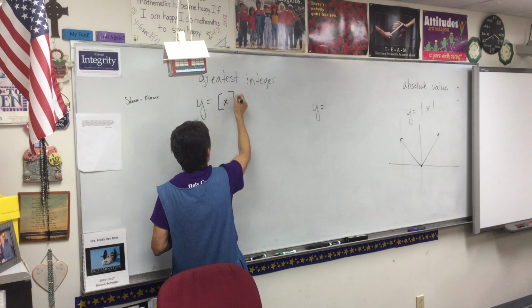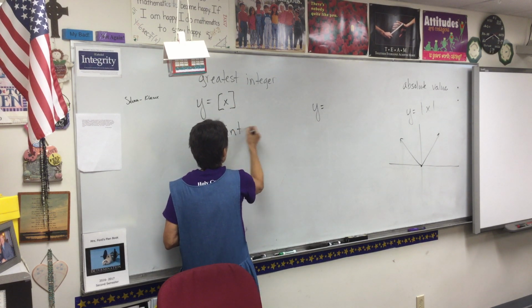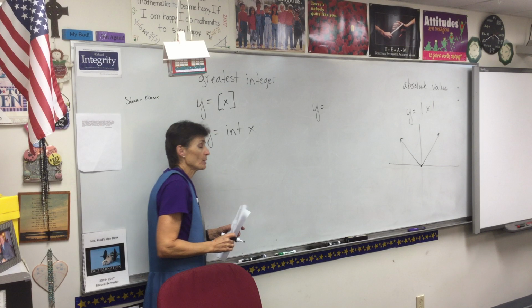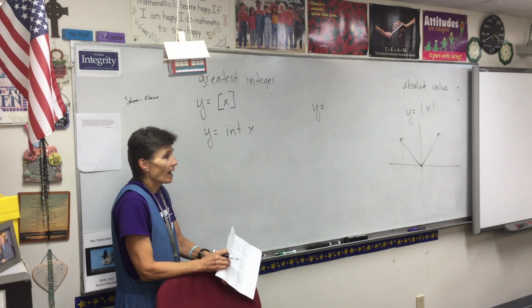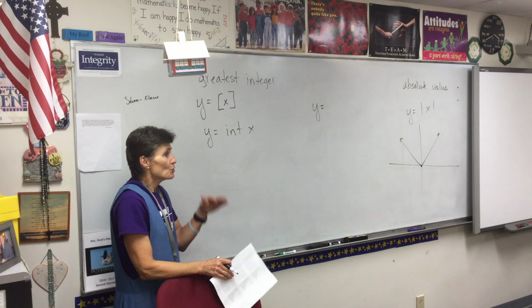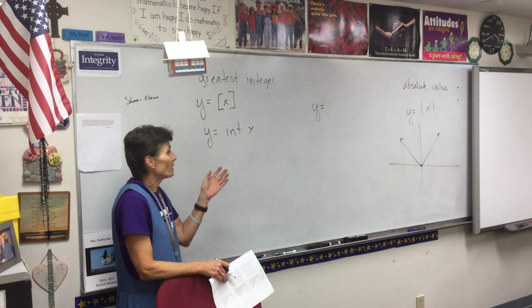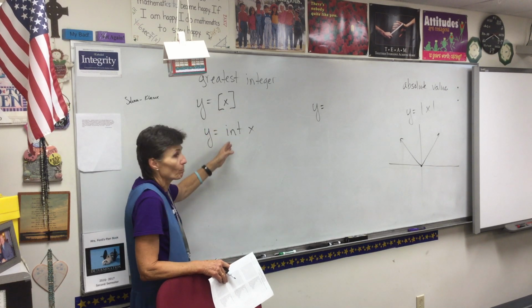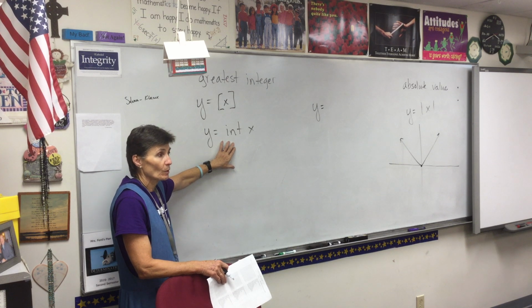Some people use the brackets, and some people use the actual word int. It just sort of depends what book you're reading, who's writing it. I don't care which one you write down. When there's multiples, guys, you don't have to write down all of them. You pick one you like. Which one's going to help you? So you're going to write this equation, or you're going to write this equation, okay?